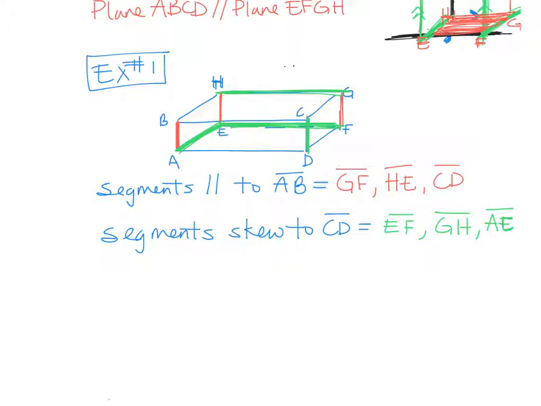Hope or Justin? Who's got it? Do you see it? What's never going to touch CD, but not be parallel to it? That would be BH, this one over here. Okay, so those four are skew.